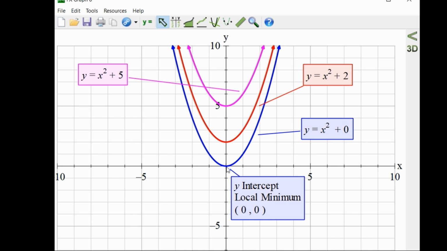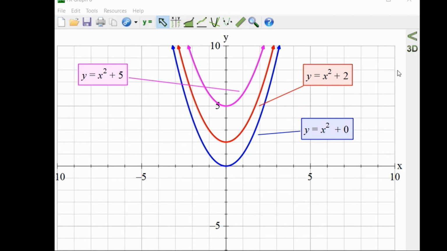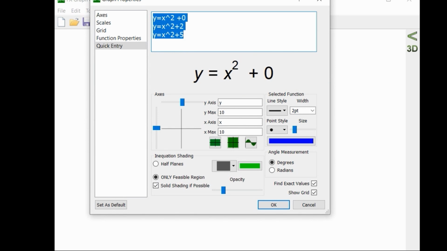Here, the value of y at that point is 0, the value of x at that point is also 0. They're both 0. Always have x first. X is 0, y second, y is 0. Makes sense?